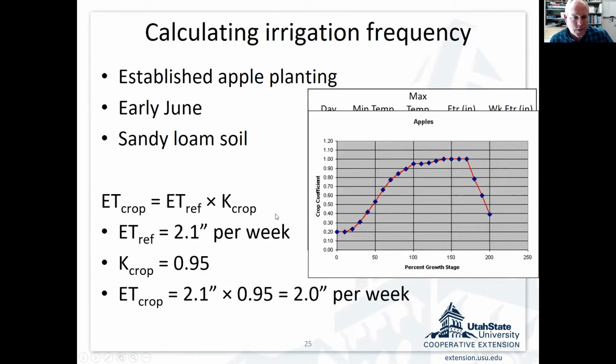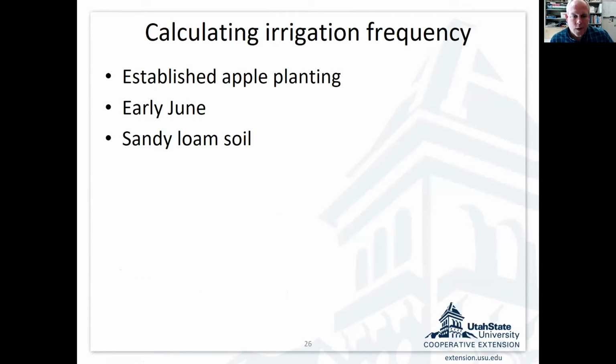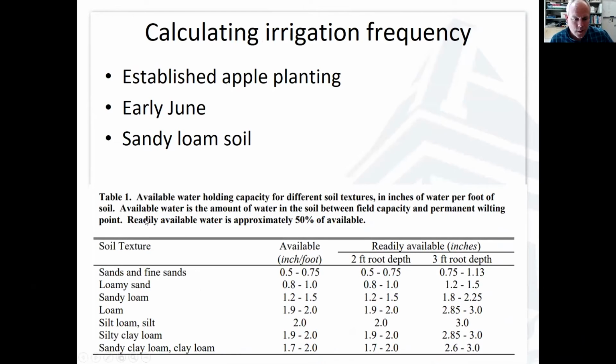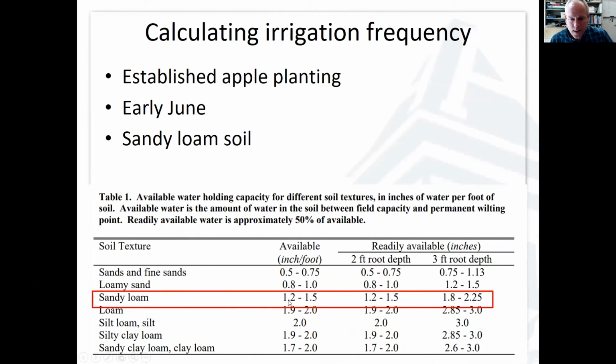The next question is, how does that translate into when I need to irrigate? Okay, if I go back and say a sandy loam soil is right here, it's 1.2 to 1.5 inches of available water, but I don't want available, I want readily available, which means in 2 feet, I might have 1.2 to 1.5 inches of water available.